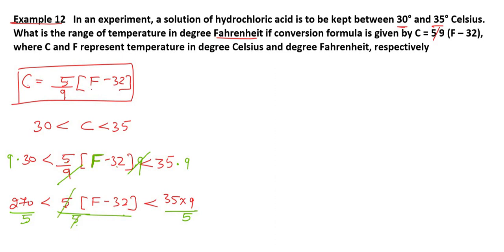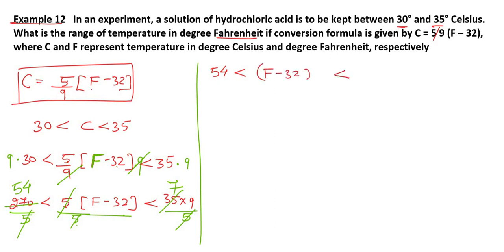So let me solve it. This 5 will cancel. This will cancel by 7. And this will cancel by 54. You can try to solve it. So what I am getting here, let me write down, is 54 less than F minus 32 less than 63.